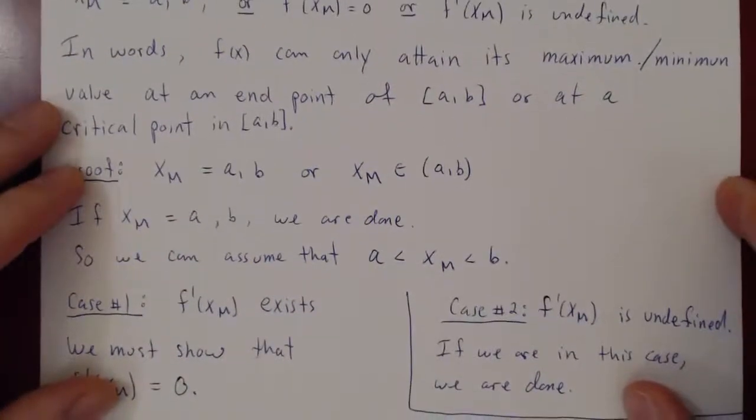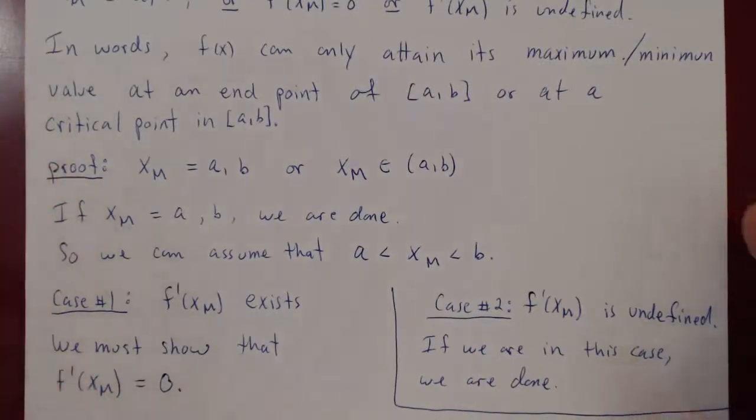And again, I want to go over it one last time because this is so important. If you have a continuous function on a closed and bounded interval [a, b], by the extreme value theorem, the function will attain a maximum and a minimum value inside of the interval.